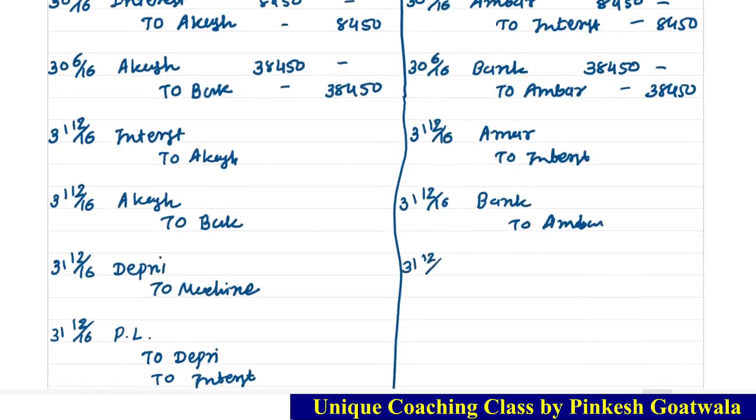Here the depreciation journal will not come, only transfer interest to PNL. Okay, so remember this point.